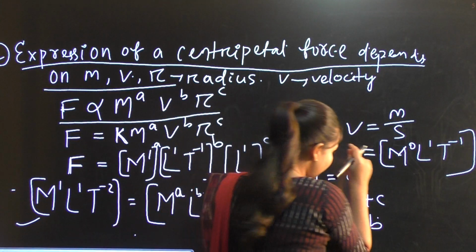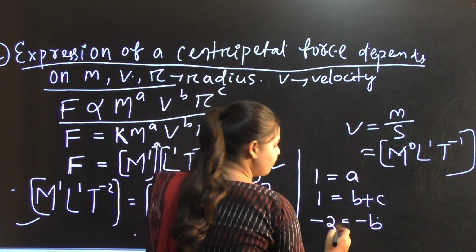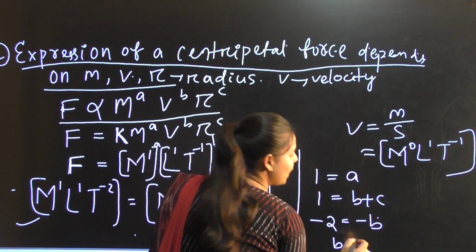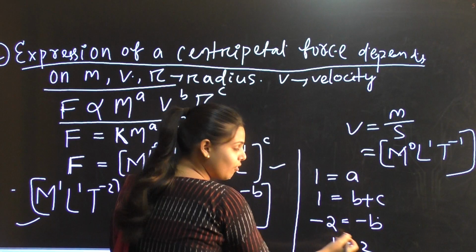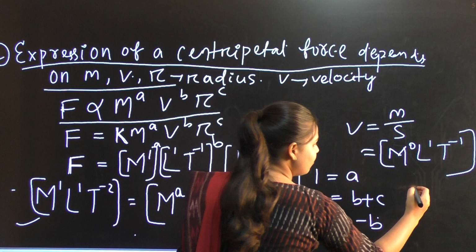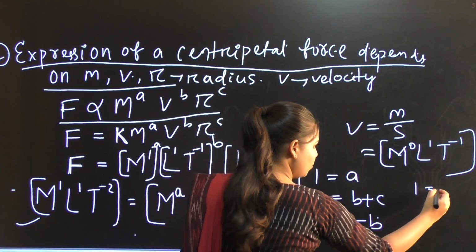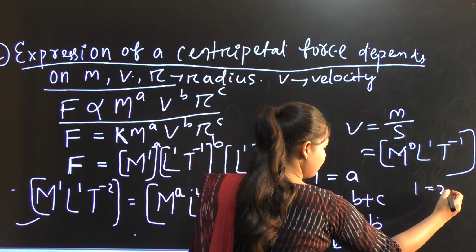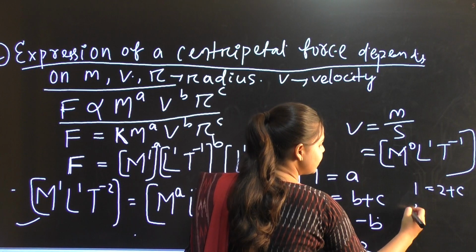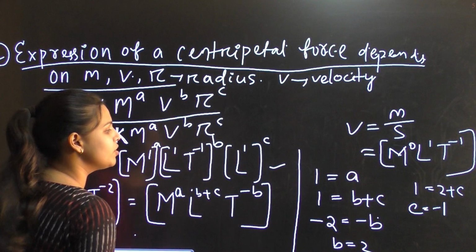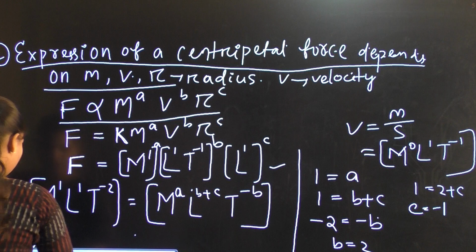From this, if minus 2 equals minus b, then b equals 2. Put the value of b in the equation: 1 equals 2 plus c, so c equals minus 1.